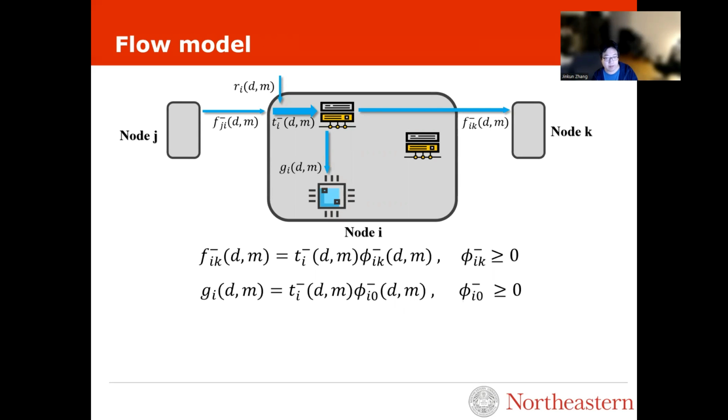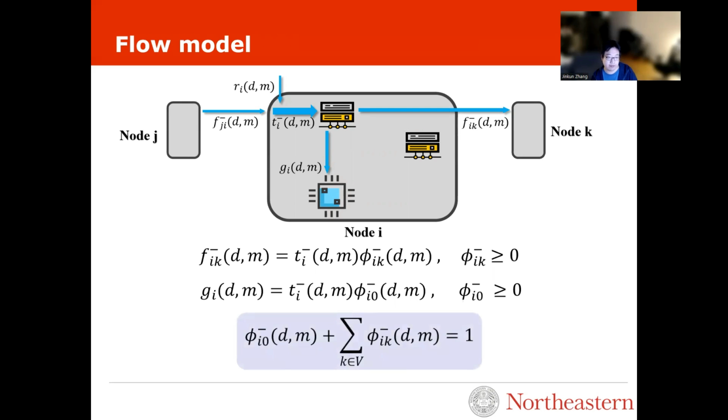The fraction phi_ik minus is routed to node k, and the fraction phi_i0 minus is put into the local computation unit. So the constraint here is that the sum of all these phi minus variables should be 1, meaning that all the data flows must be either computed or forwarded to a nearby node.